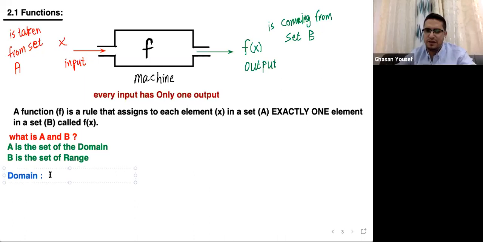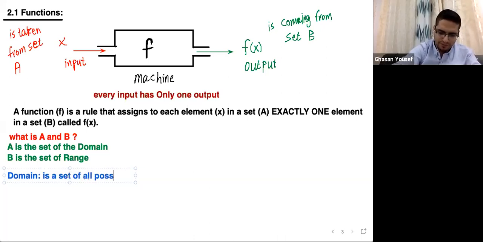Because some values, if I plug them inside the function, will not give me a value, or will be undefined. So here I can say it is a set of all possible inputs. This is the meaning of domain. Now, range.